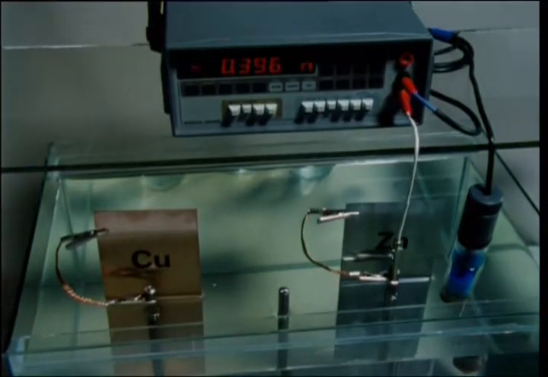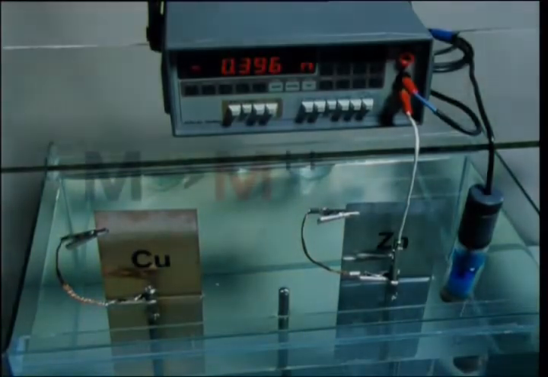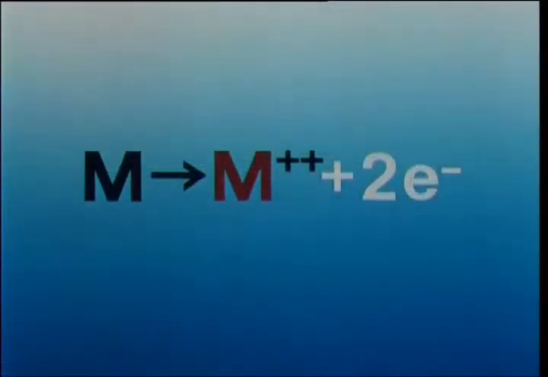Why these changes occur can be explained in the following way. When metal corrodes, it forms ions and electrons. This is an anodic reaction. For example, when steel is placed in water, it will corrode.